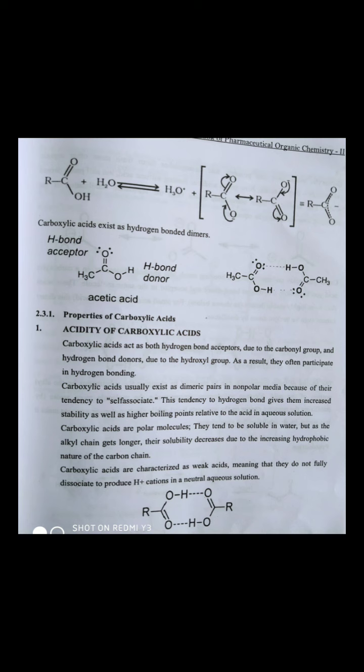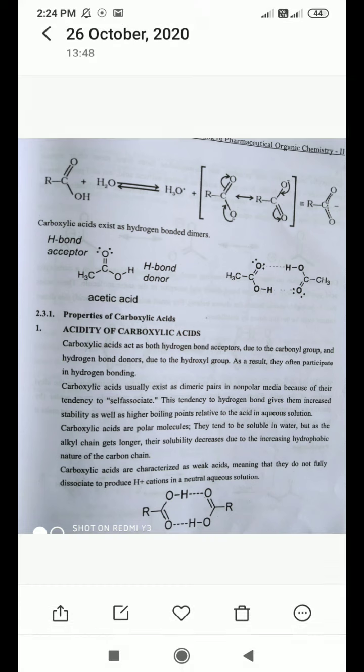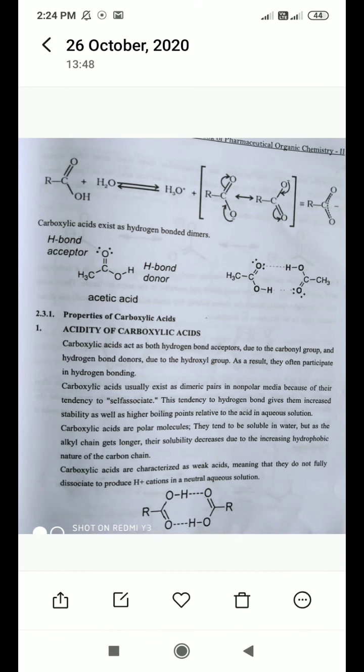As a result, they often participate in hydrogen bonding, through which they form the dimer between the acidic functional groups.